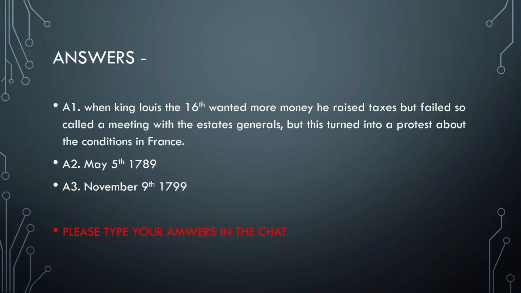So the first answer is: King Louis XVI wanted more money, he raised taxes but failed, so he called a meeting with the Estates General, including the clergy, the nobles, and the rulers, and many other people, and it turned into a protest about the conditions in France. It started on May 15th, 1789, and ended 10 years later on November 9th, 1799.